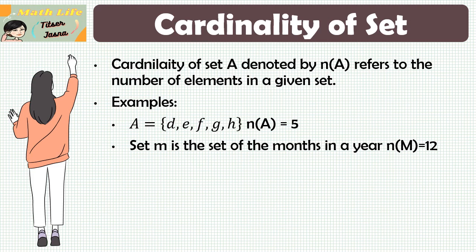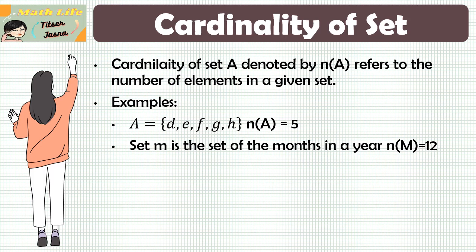Next, set M is the set of months in a year. So we're going to write it as the cardinality of M is equal to 12, because we only have 12 months in a year. And as you can see, the letter inside the parentheses changed, because inside the parentheses is the name of the set.